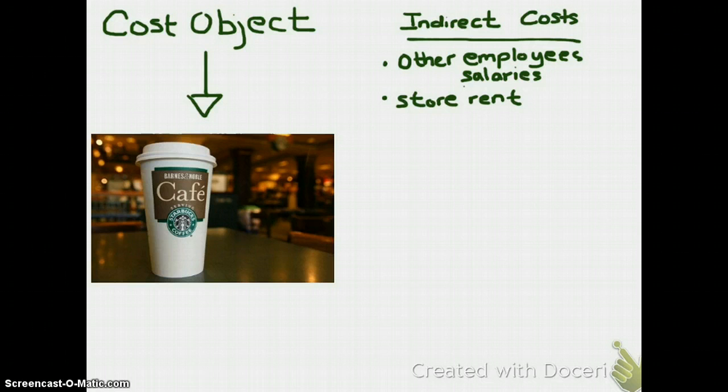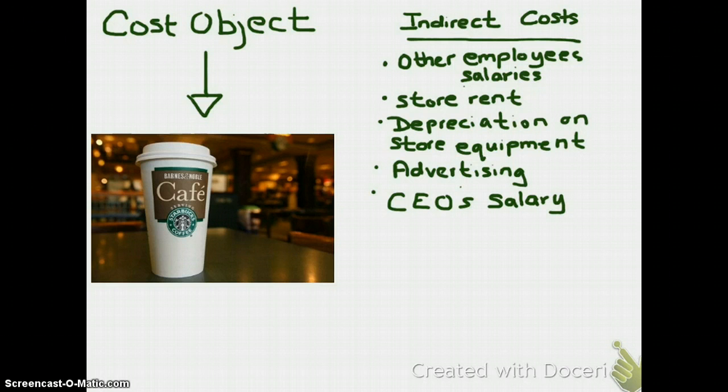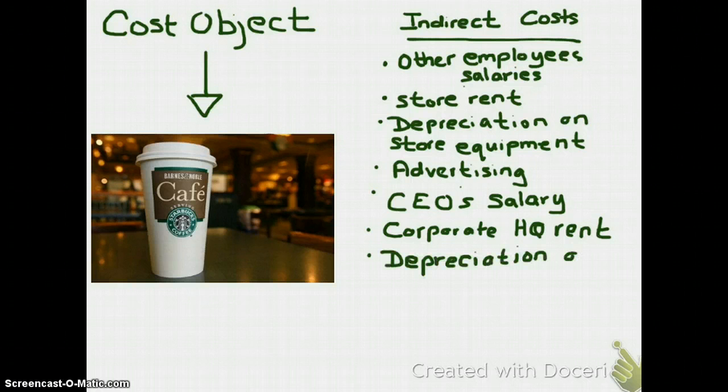The store rent, things like depreciation on store equipment and furniture, the cost of a national advertising campaign, the CEO's salary, the rent for the corporate headquarters, also the depreciation of office equipment that they use in the headquarters. All those costs cannot be traced to your cost object, which is your cup of coffee.